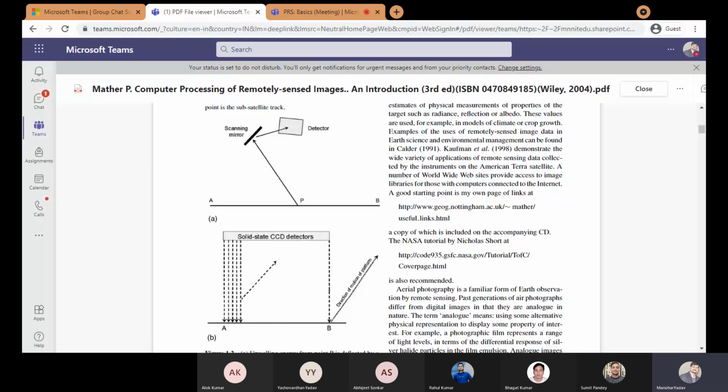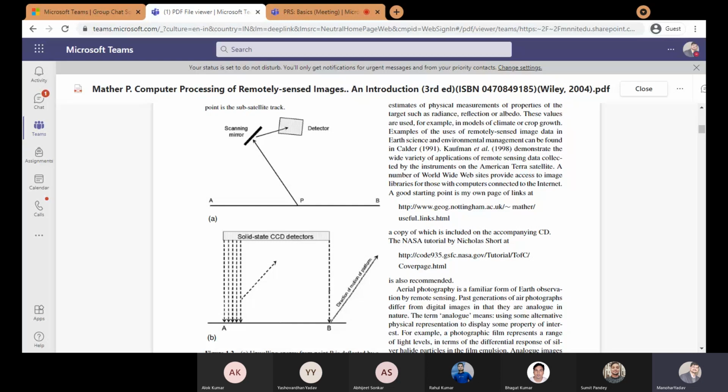So the energy reflected from the entire area around point P is sensed by the detector. It is a kind of footprint of the detector on the ground, how much area the detector can see on the ground. In this way we define the pixel.